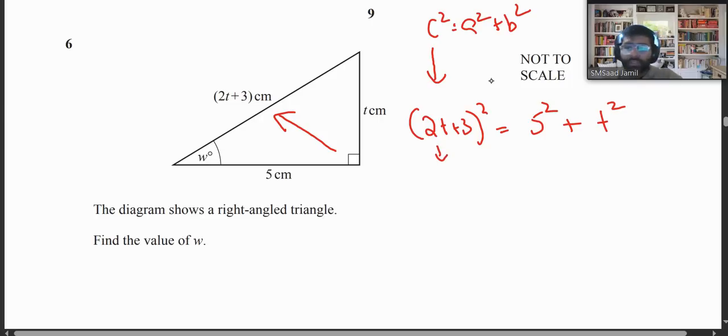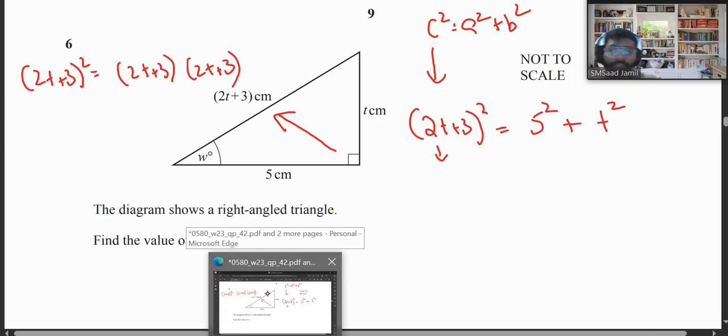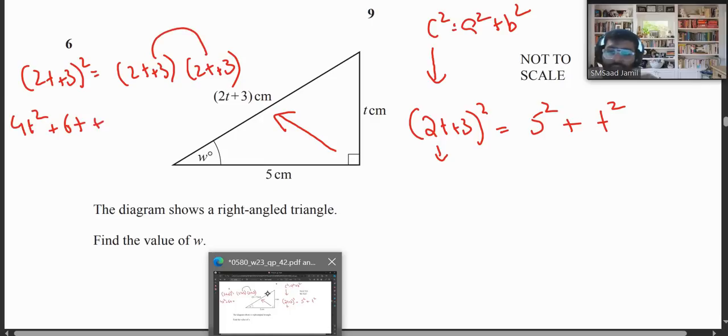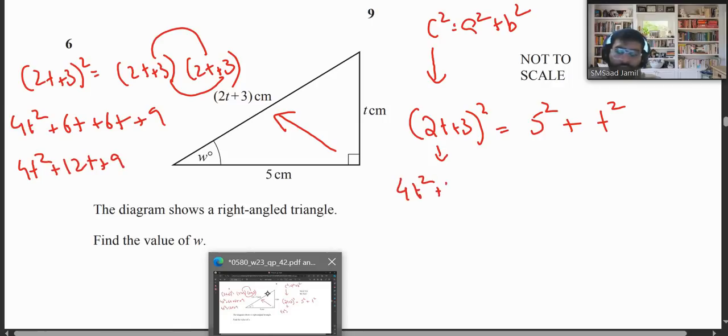Expand this. 2t plus 3 whole square means you multiply 2t plus 3 with 2t plus 3. 2t multiplied by 2t is 4t square plus 2t multiplied by 3 is 6t. Then 3 multiplied by 2t is again 6t, and 3 multiplied by 3 is 9. So it's actually 4t square plus 12t plus 9 is equals to 5 square, which is 25.